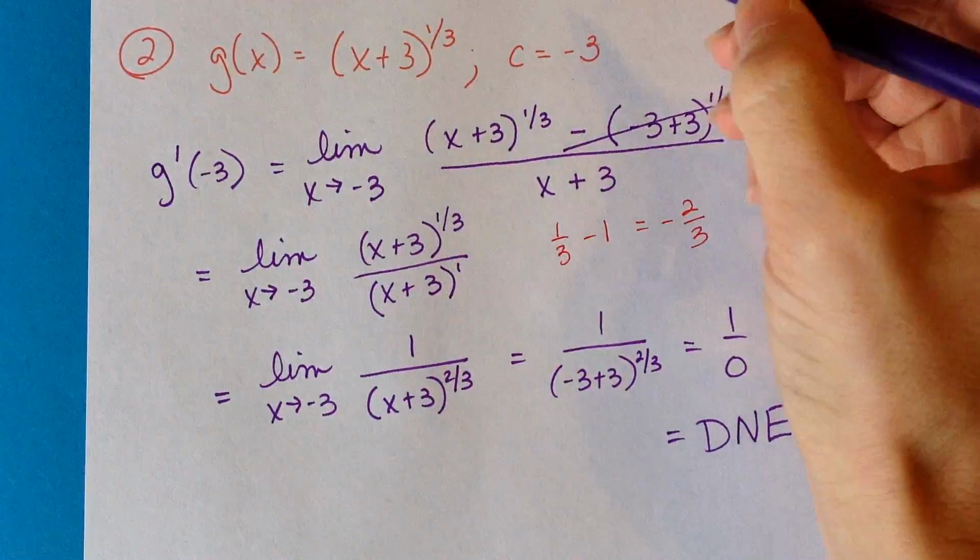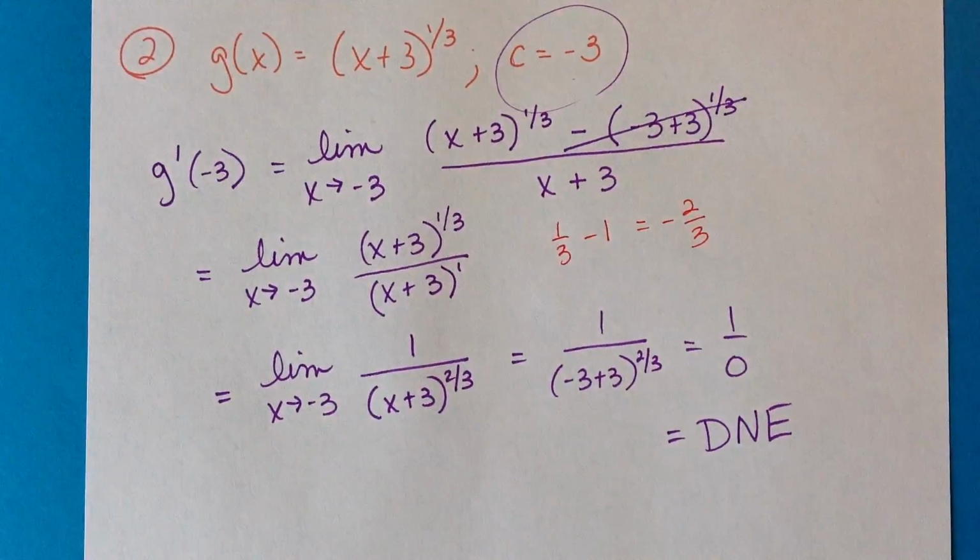It's just all we've proved is it's not differentiable at x equal -3. And actually, if you were to look at the graph of this, the reason why is at -3, you would have to have your tangent line being vertical. And if you remember, that's one of the situations where it's not differentiable.